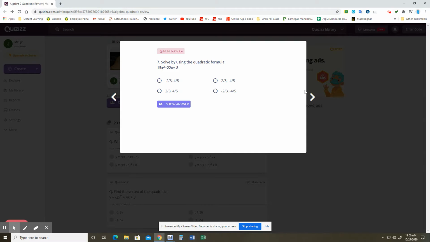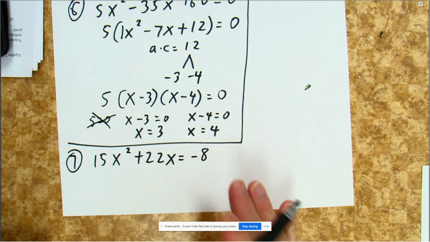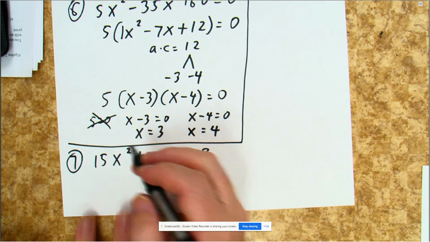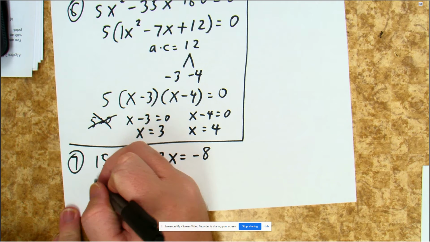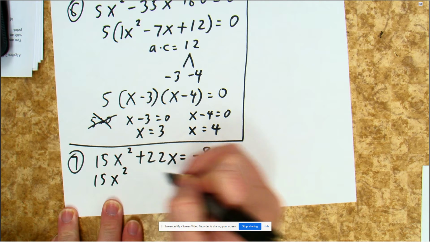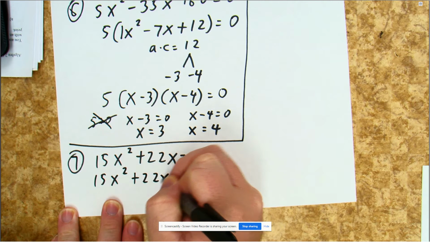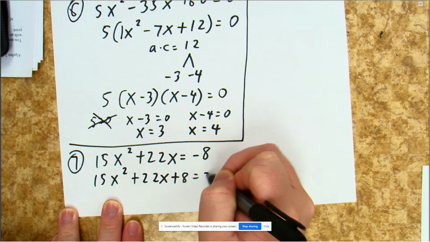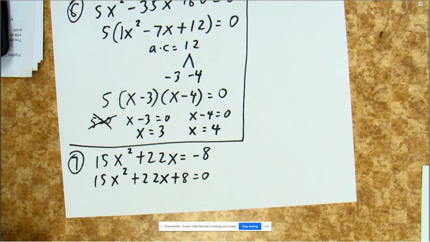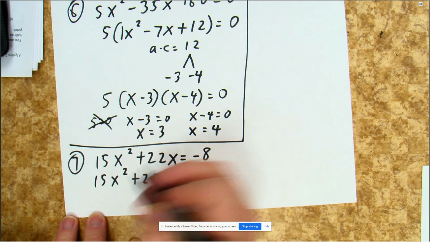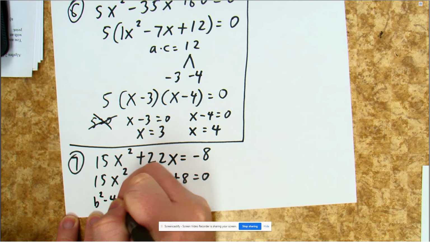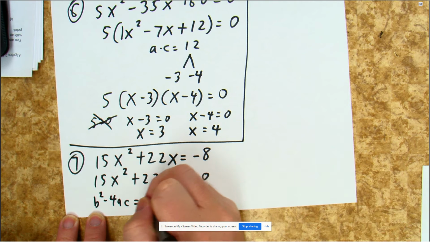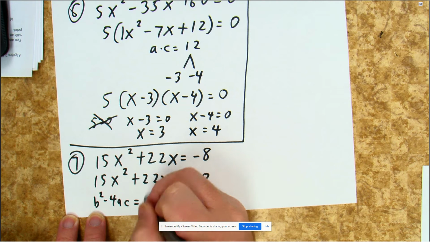Now, as many people would have surmised, you need to get one side equal to 0, meaning it really is 15x squared plus 22x plus 8 equals 0. You got to make sure you get one side equal to 0, otherwise the quad formula is not going to work. Your b squared minus 4ac, since I'm using the quad formula, I might as well immediately do the discriminant.